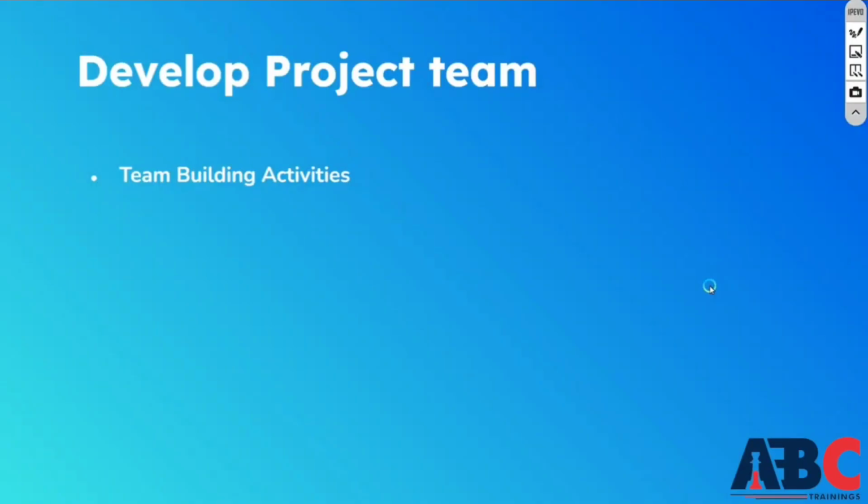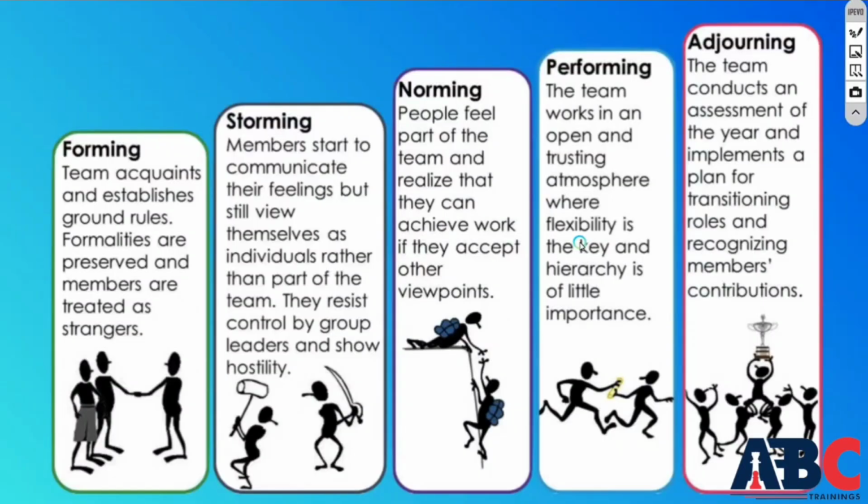Because everyone is coming from different cities and different areas, you need to develop them, so that the project will work as a team. Otherwise, everyone has different rules or different methods to work, and then it needs to be managed with everyone. That's why you need to develop the project team. To develop the project team, you have some stages. First is forming.